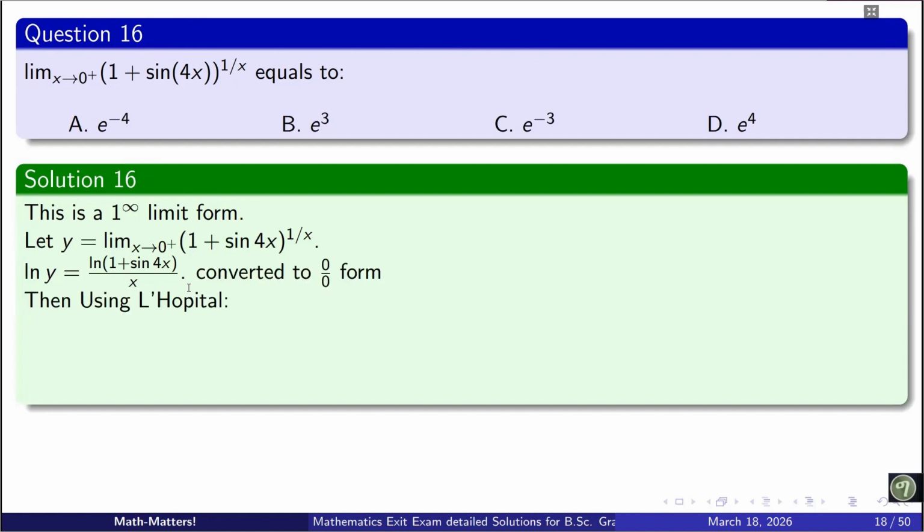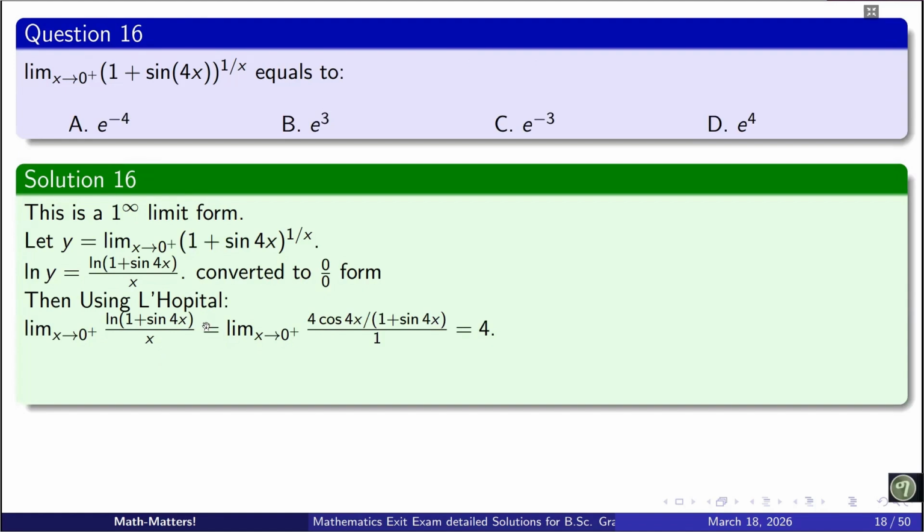So, simply applying L'Hopital's rule, the limit of ln of 1 plus sine of 4x over x, as x approaches 0 from the right side, is equal to the limit of the derivative of the numerator over the derivative of the denominator.